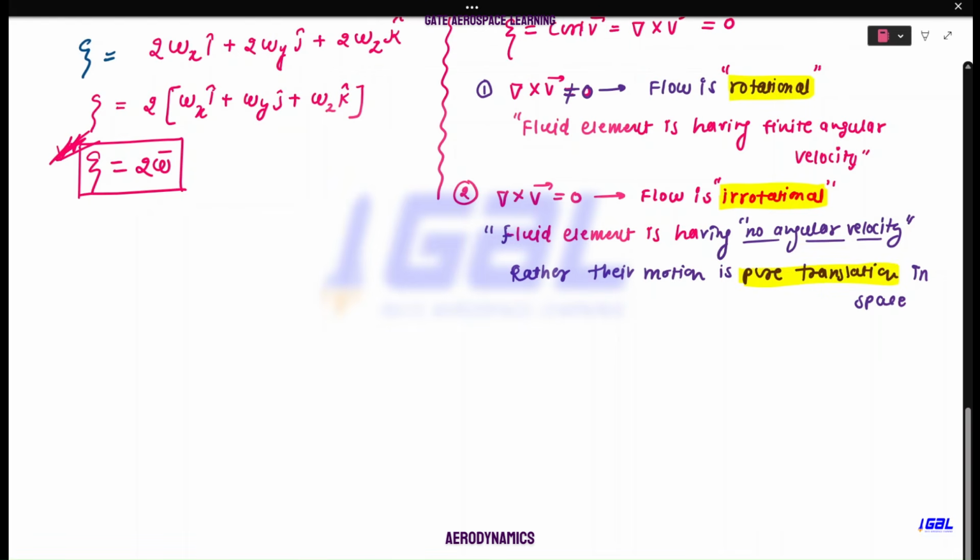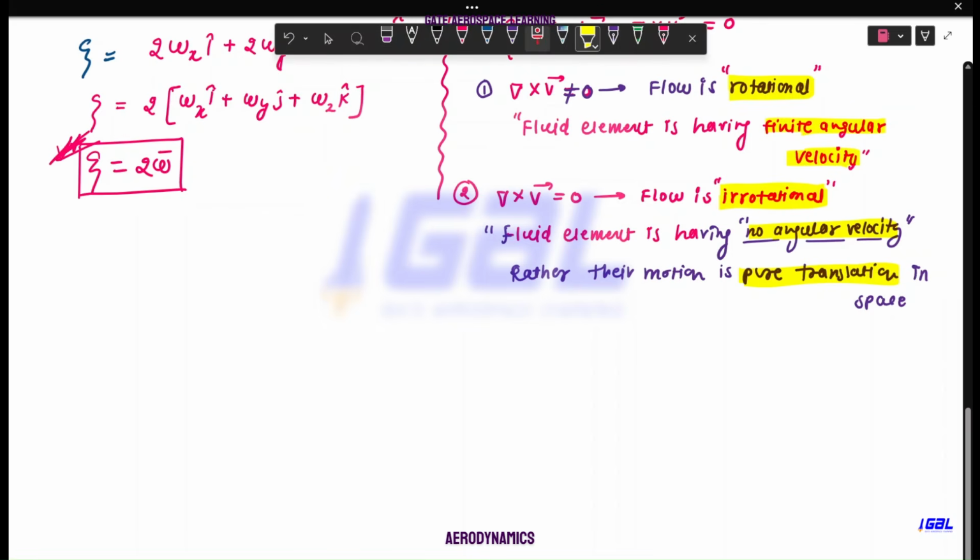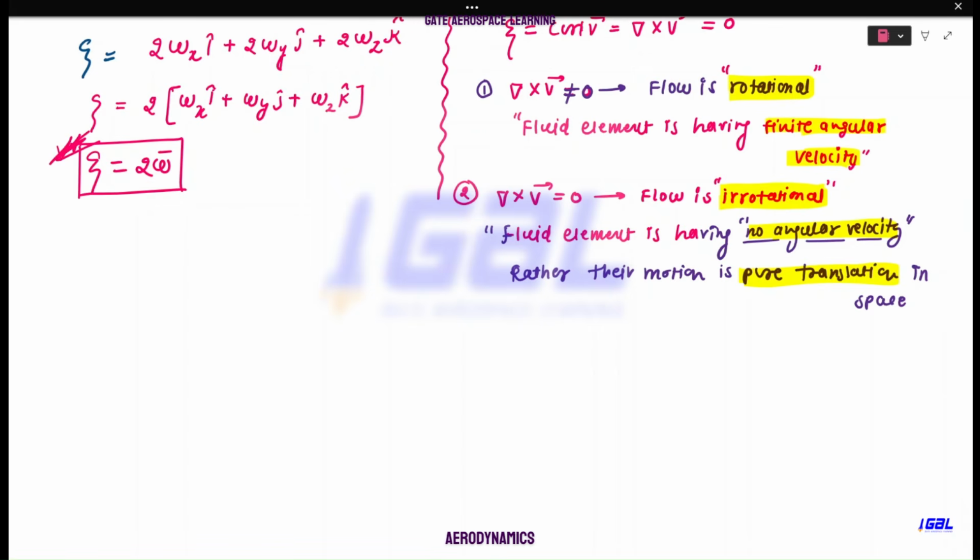I hope now you can understand. No angular velocity in this case, having finite angular velocity in the other cases. I hope now this is making more sense.